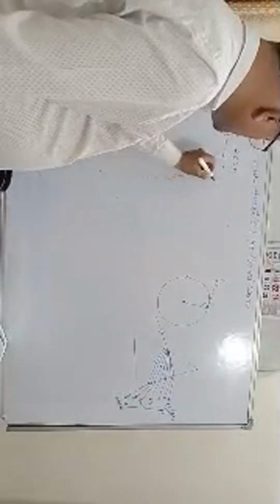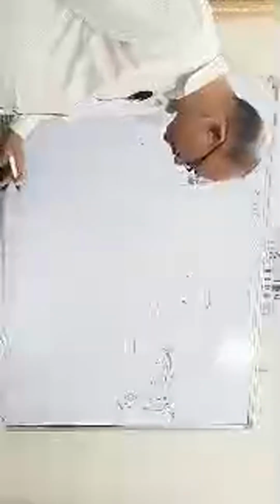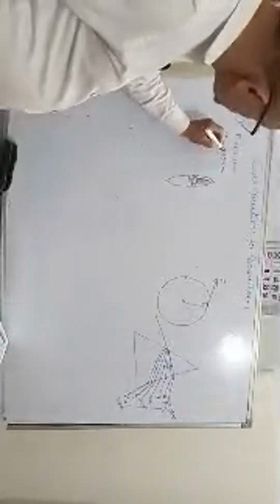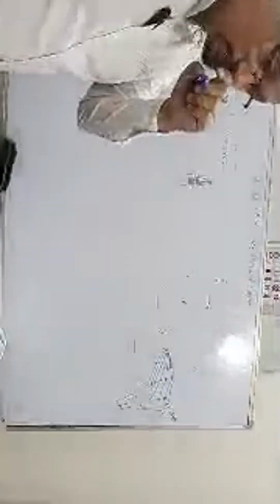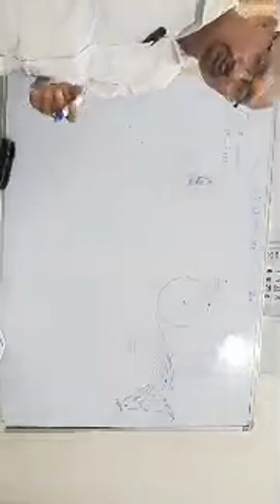Suppose you have a lens and one half part is covered with paper. What will be its effect on the image? Will it be formed at the same distance or a different position? The image will be formed at the same distance.